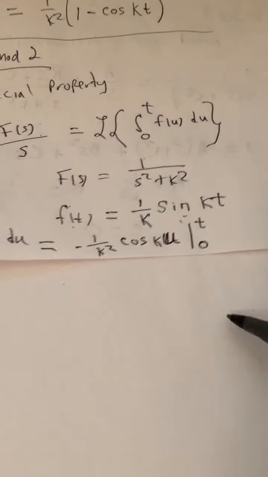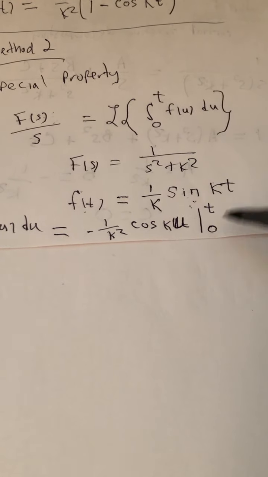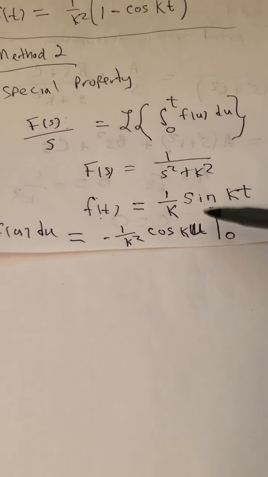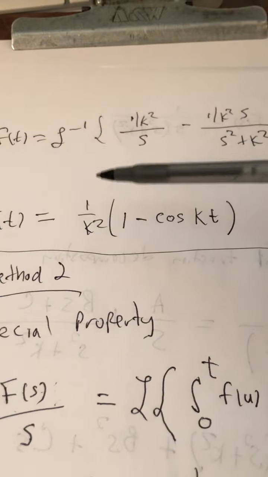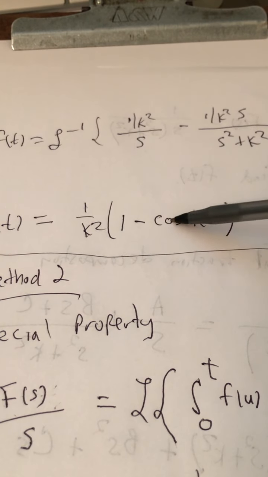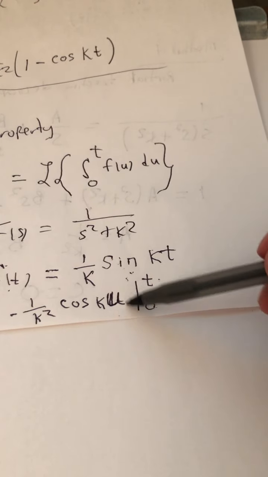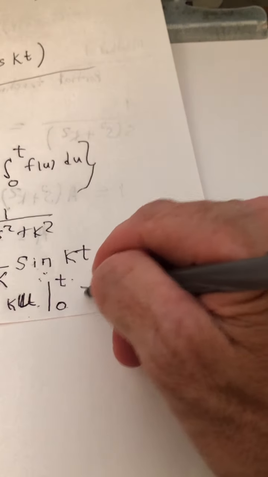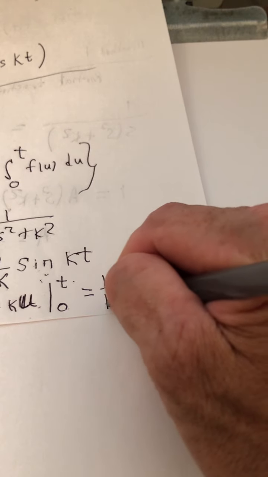So when you plug in the limits of integration, you get u equal to t, we get negative 1 over k squared times cosine of kt, as we had before, and then minus a negative 1. So we actually get the same result.